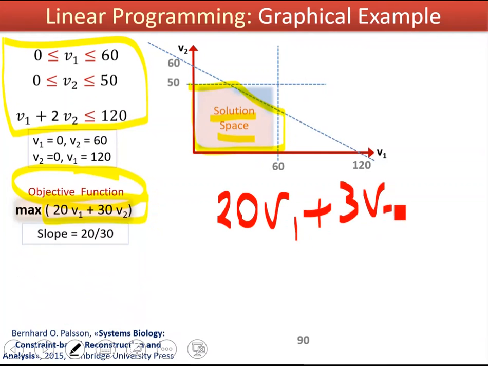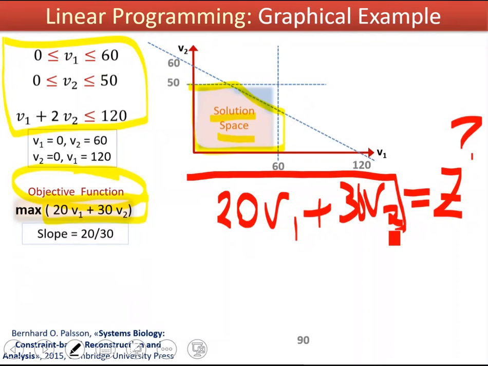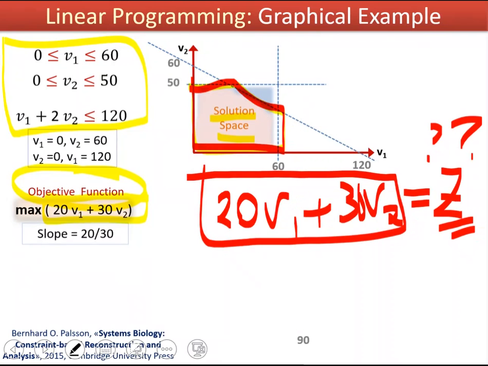Let's call it z, but we don't know its value. That's the question. What is the value of z given this solution space?